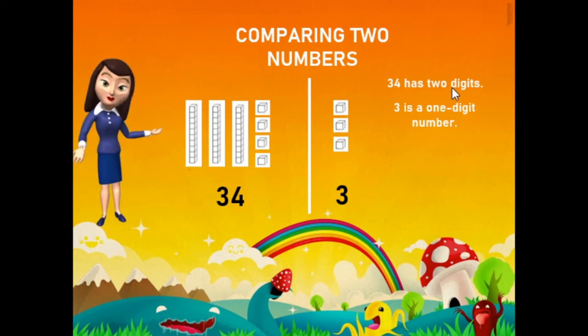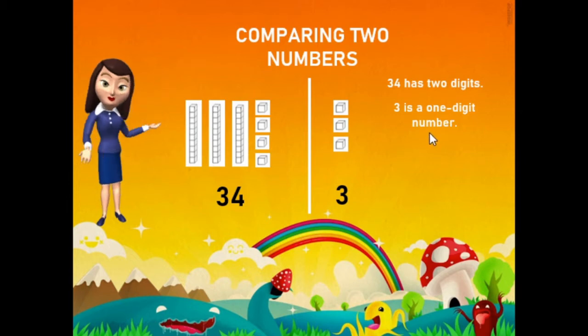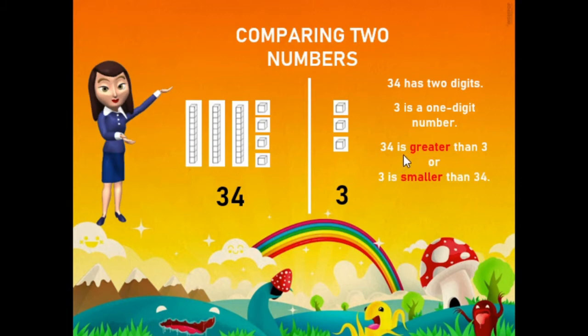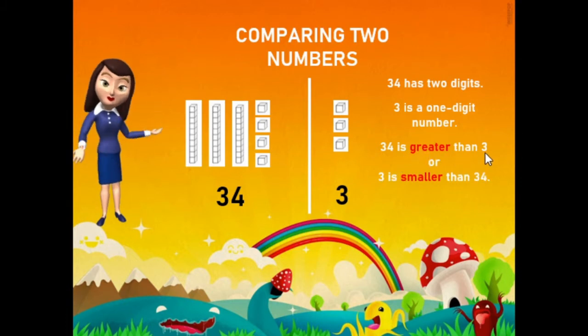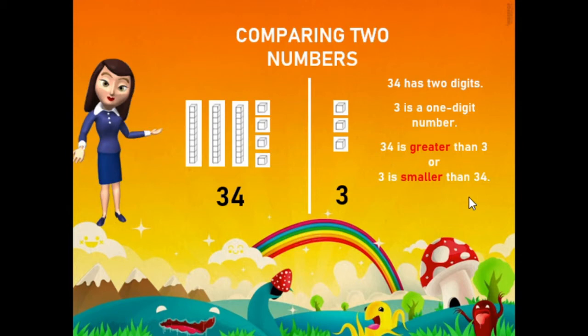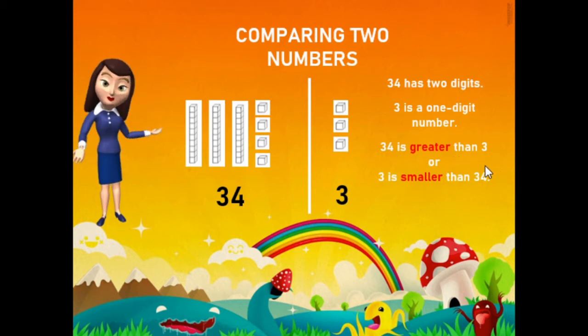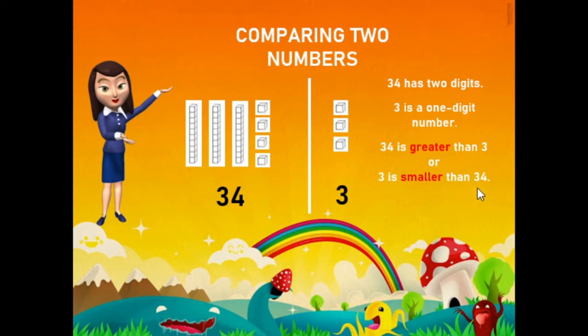Is it the 2-digit number or the 1-digit number? Right, 34 is greater than 3, or you can just say 3 is smaller than 34.